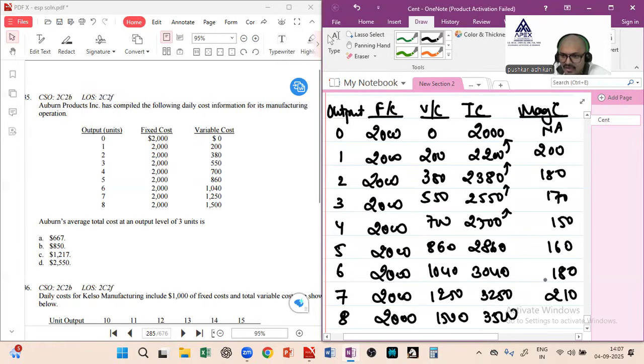And 3500 minus 3250 is 250. I have calculated the marginal cost of each of the units.